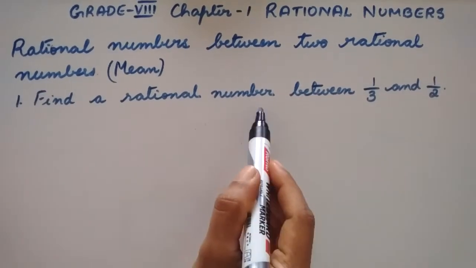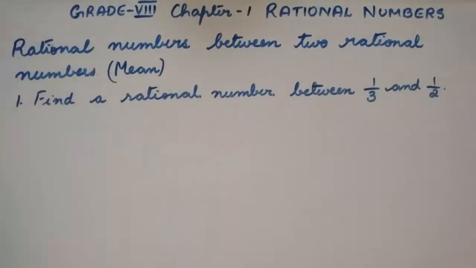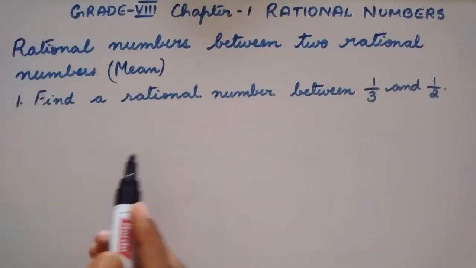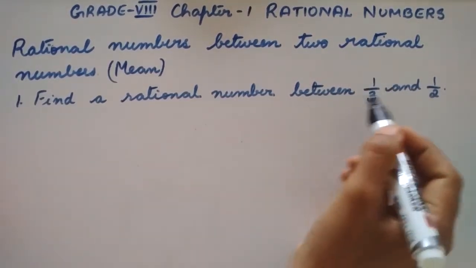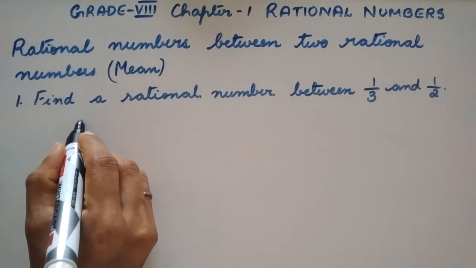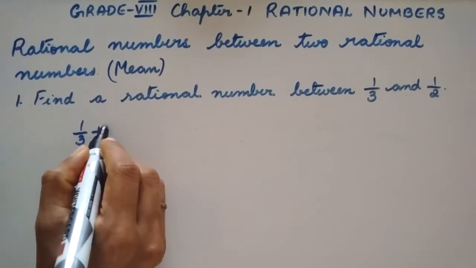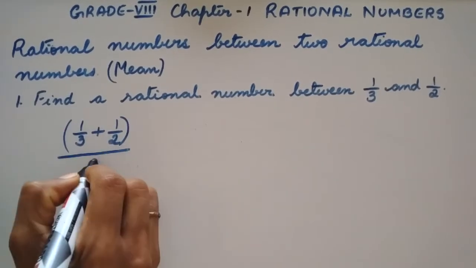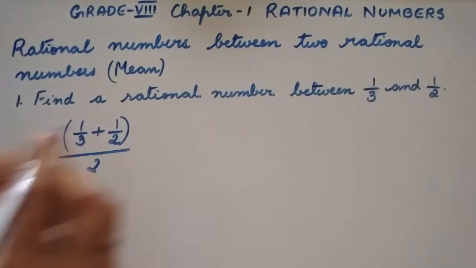Find a rational number between 1 by 3 and 1 by 2. Let us find the mean of the rational numbers 1 by 3 and 1 by 2. That is 1 by 3 plus 1 by 2 divided by 2.